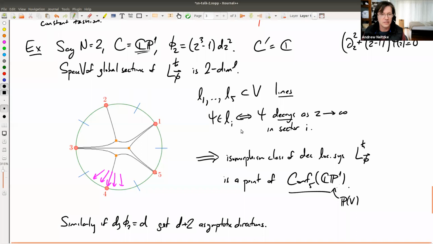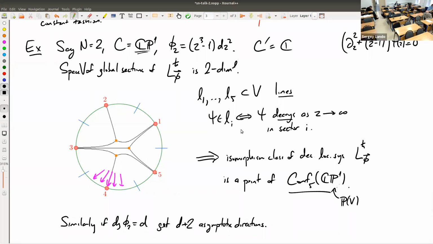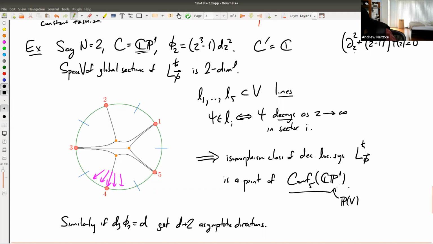Okay, other questions? Why do these points belong to CP1 rather than RP1? Oh, because the equation is a complex equation. Unless I look at it only on the real line, it doesn't have any natural real structure to it. So the space of solutions is a complex 2-dimensional vector space.